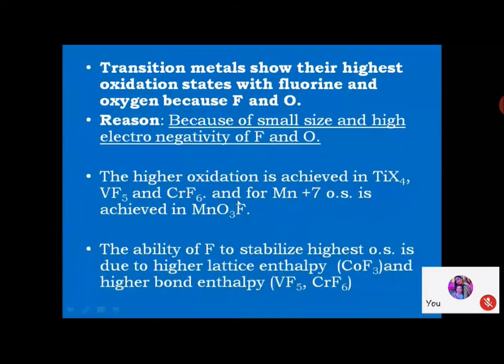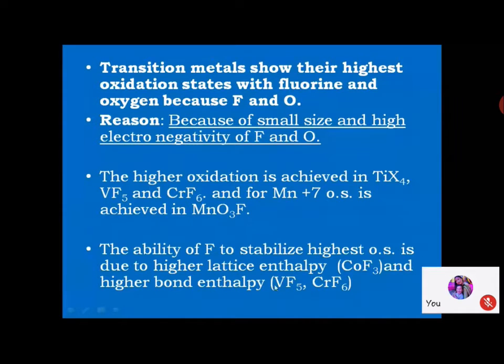Why does fluorine stabilize the highest oxidation state in a metal? It is because in cobalt trifluoride the lattice enthalpy is highest, and for vanadium pentafluoride and chromium hexafluoride it is because of higher bond enthalpy.